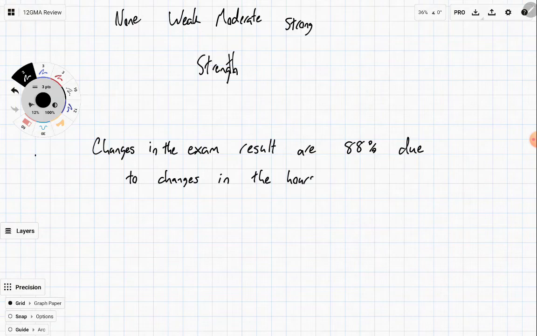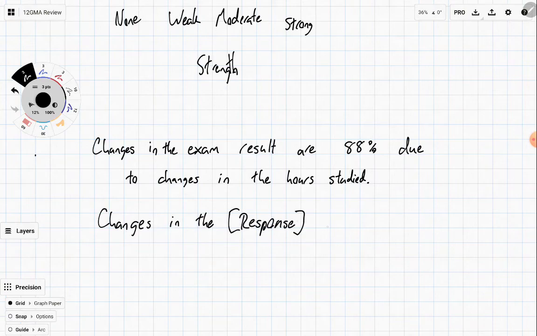Well, we can say this: changes in the response variable are, and then what we do is we take R squared and multiply it by 100 to make it a percentage, due to changes in the explanatory variable.